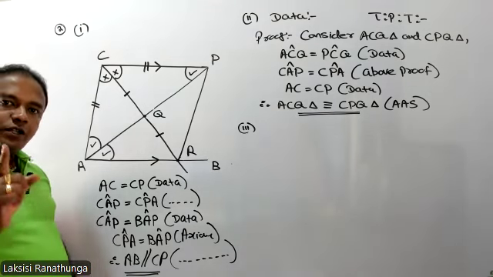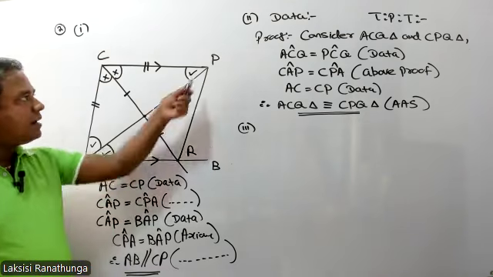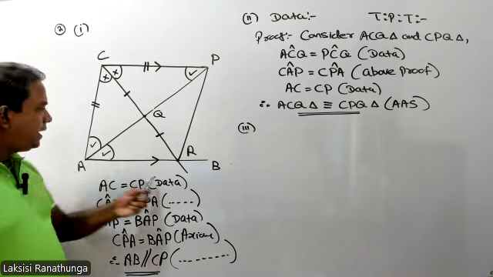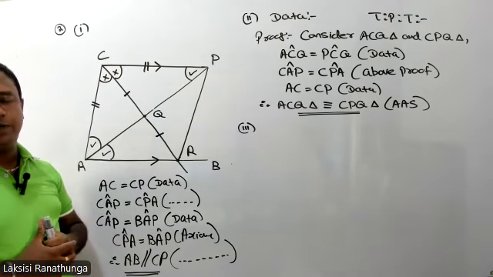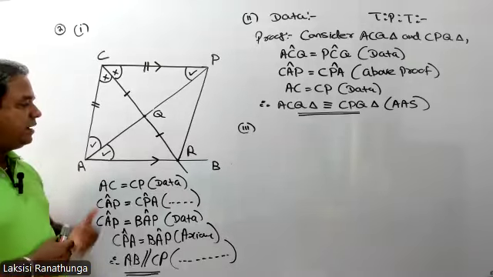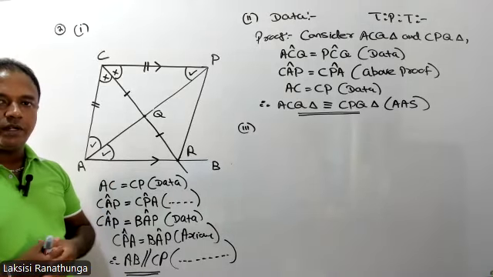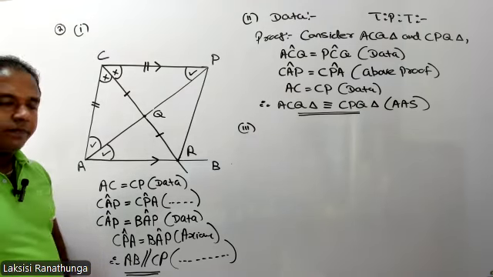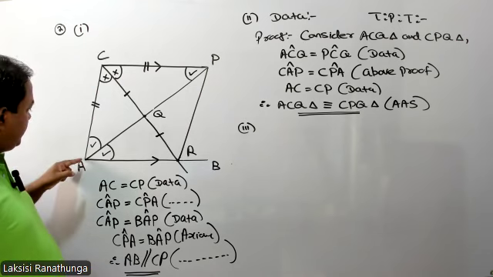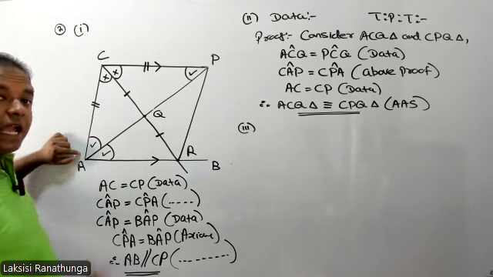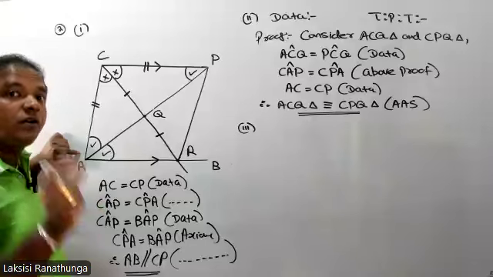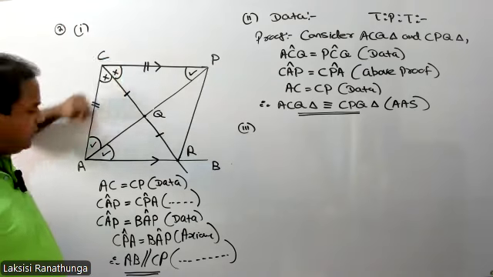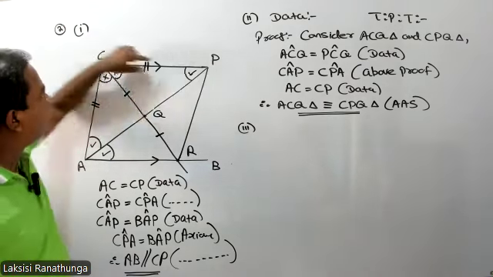First, I'm going to show ARPC is a parallelogram. After showing ARPC is a parallelogram, in this parallelogram, the adjacent sides AC and CP are equal.